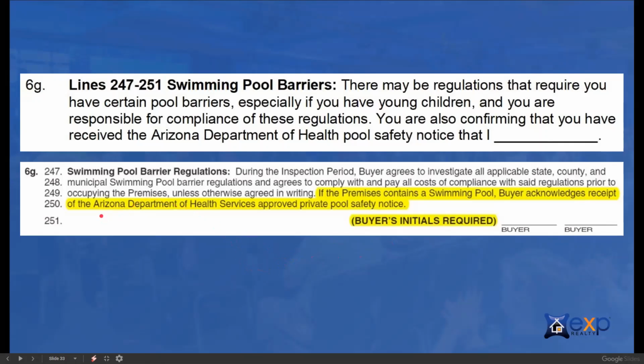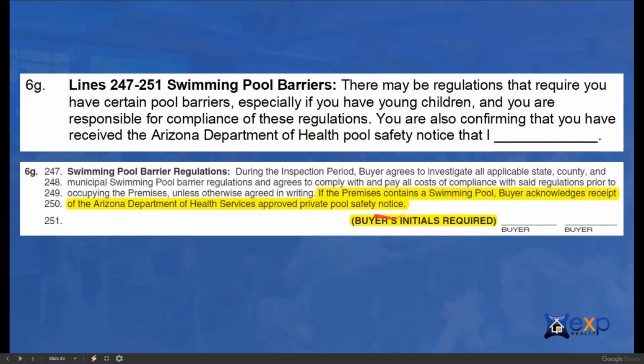I found it simply by Googling the phrase Arizona Department of Health Services approved pool safety notice, and I found it online. So you could provide a link to it online for your buyer, or hand them a printed copy of it, or provide them a PDF that you create yourself.